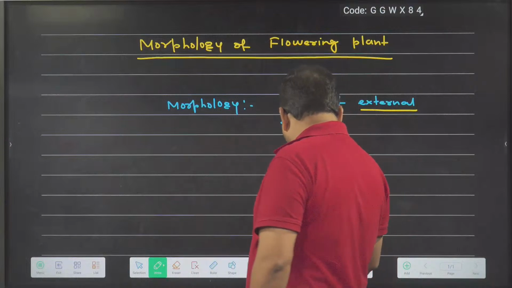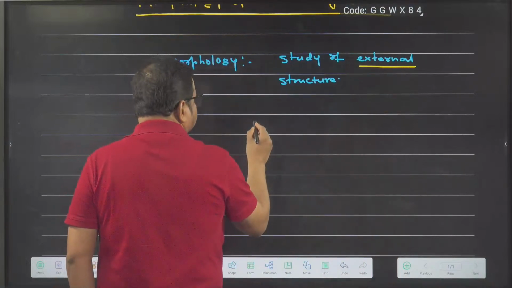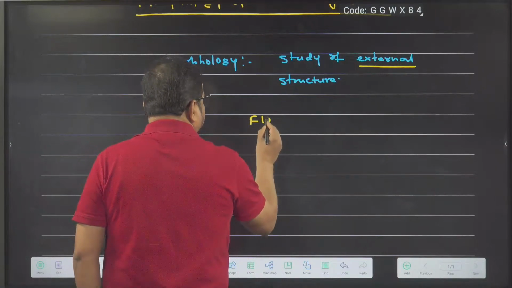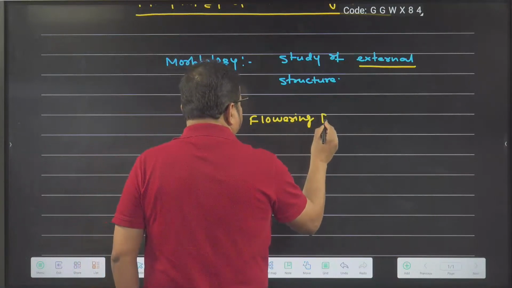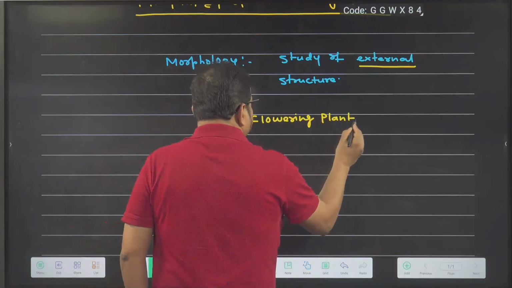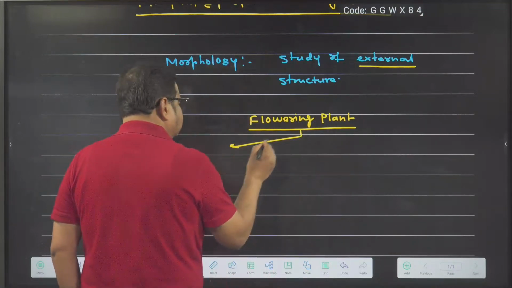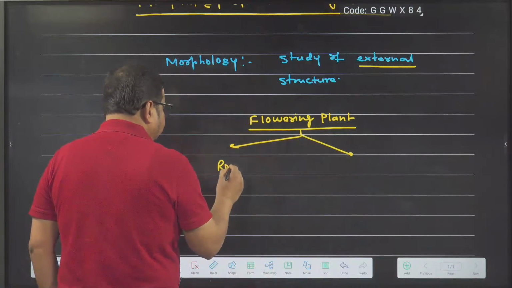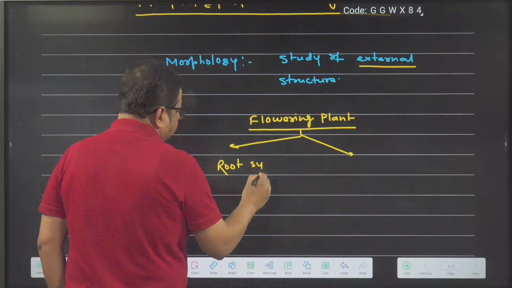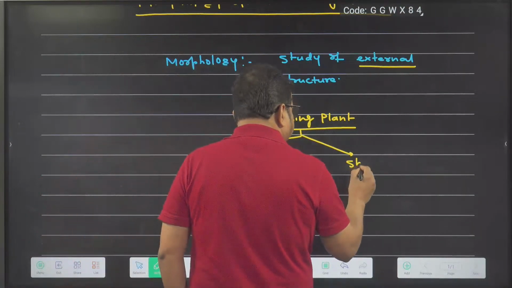So if we talk about a flowering plant, there are two types of components we are finding. It is the root system and another one is the shoot system.